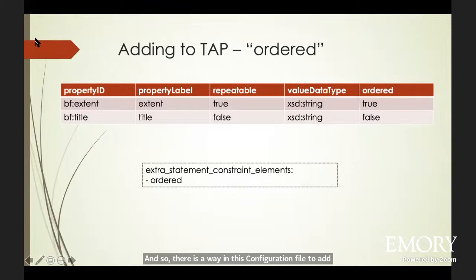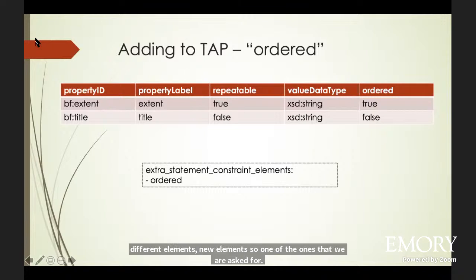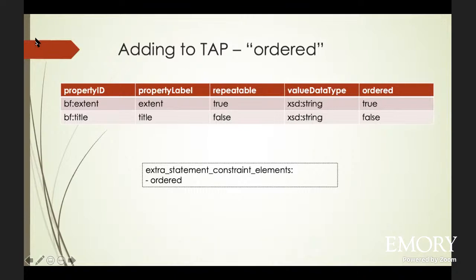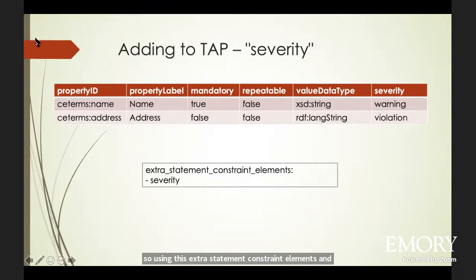One we were asked for by Jason Littman was that he needed to say which properties took an ordered value, or had to remain in order. This is often for things like creators. So if you wish to add that column in your application, you can do so using this extra statement constraint elements. And you can obviously add more than one.